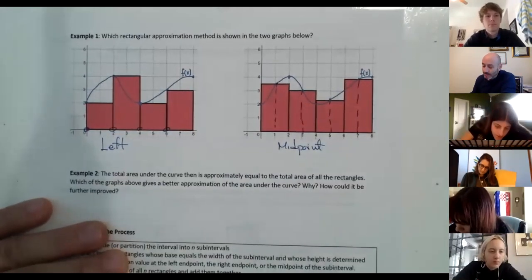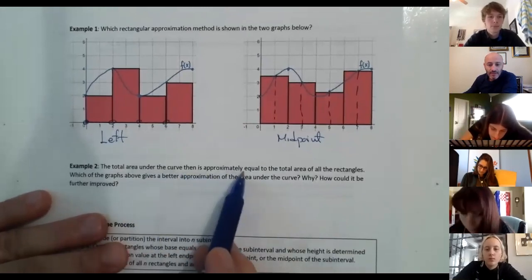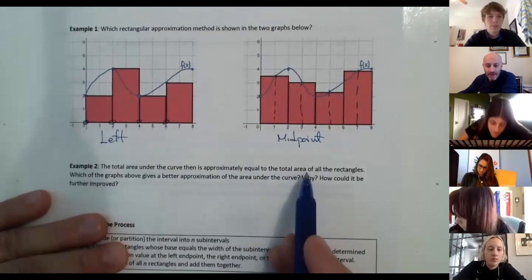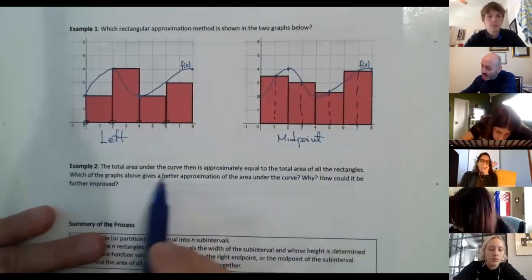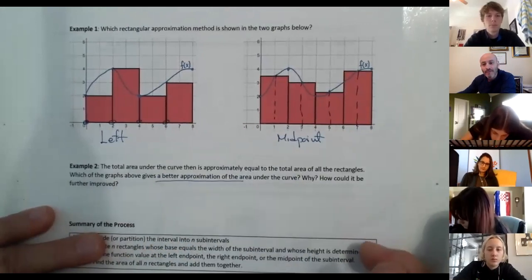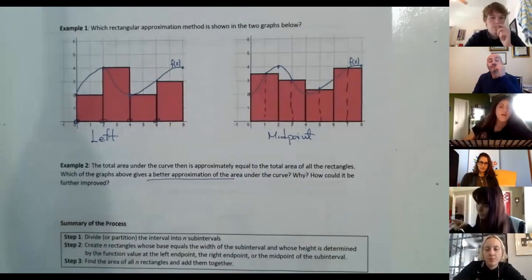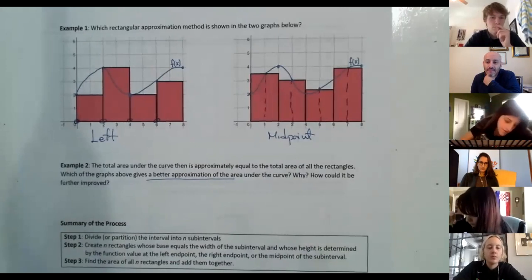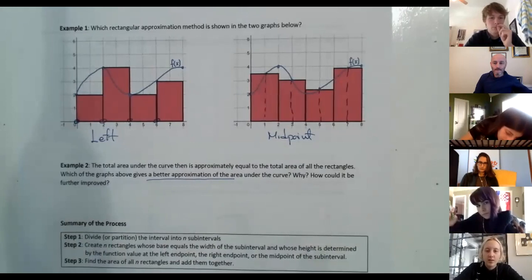All right, so example 2 says the total area under the curve is approximately equal to the total area of all the rectangles. Which of the graphs above gives a better approximation of the area under the curve and why? So which one is a better approximation? That or that? The midpoint, because it fills up more space of the graph.